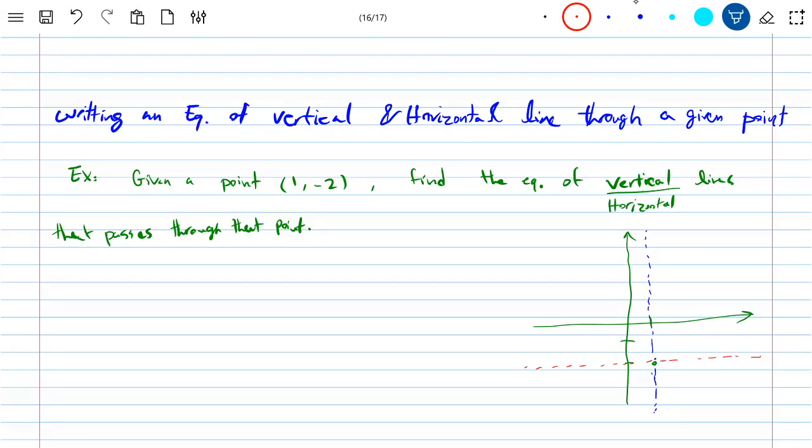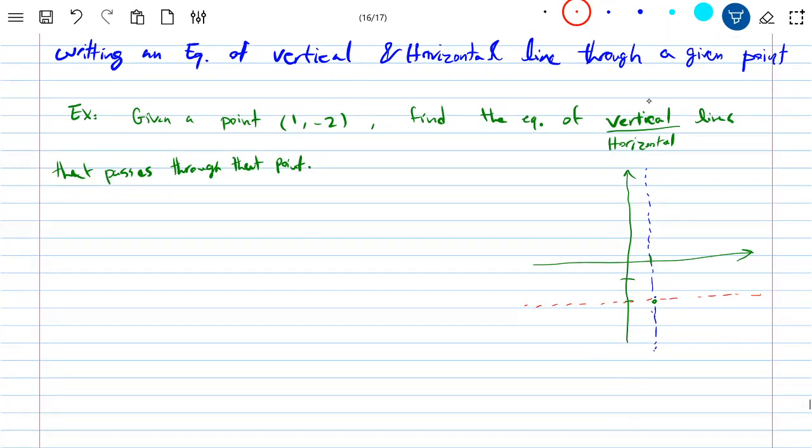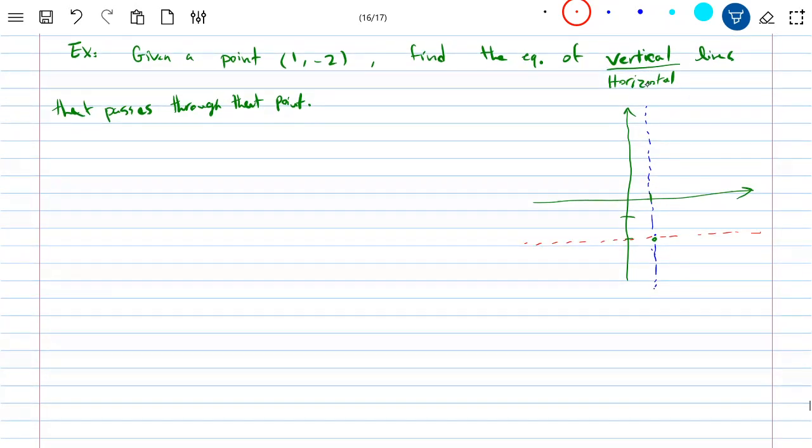Okay, so first let's figure out the horizontal line. One information that we already mentioned from last time, horizontal line has slope 0. You should remember that. But it's not very necessary to use the slope or anything, because horizontal and vertical lines have a specific form.